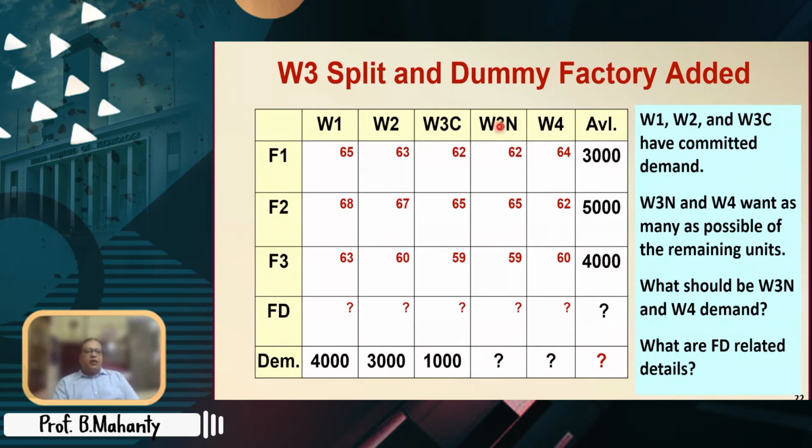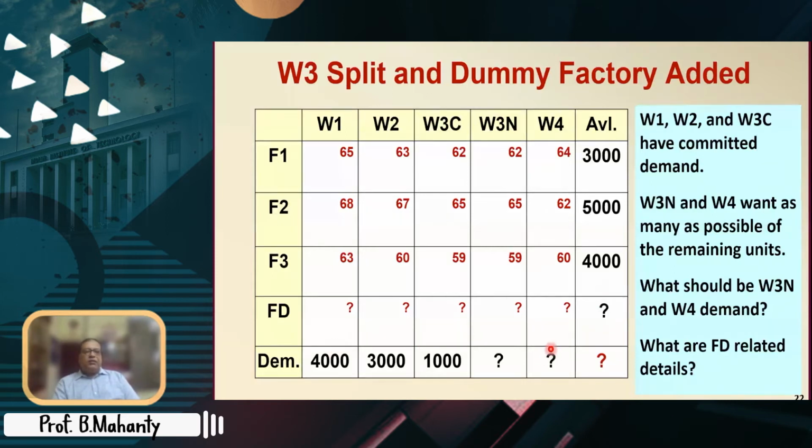So let us give W3N 4000, and let us also give W4 4000. If we give them as much as possible, that is what they want. The total demand then becomes 16,000. That means 12,000 is available, and the remaining 4,000 should be supplied for dummy.